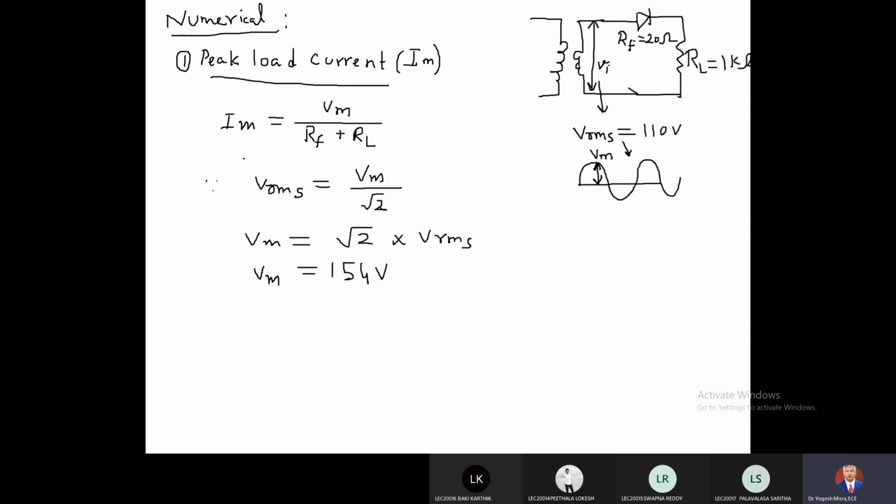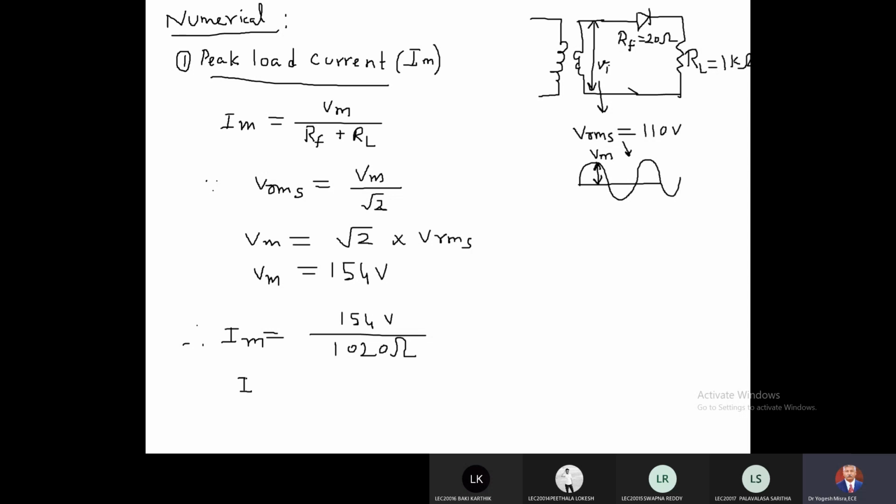So now we will put this VM in this first expression. Therefore IM is equal to 154 volt divided by RF plus RL. RL is 1K, 1K means 1000 ohm, and RF is 20 ohm. So it is 1020 ohm. This is IM, peak current.